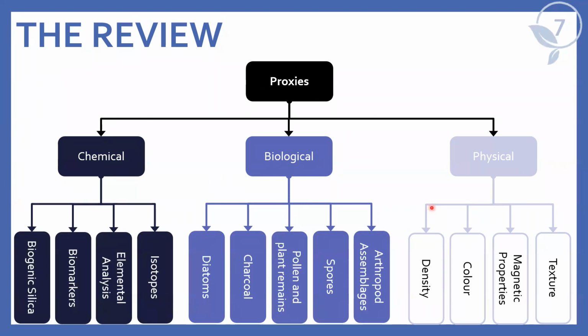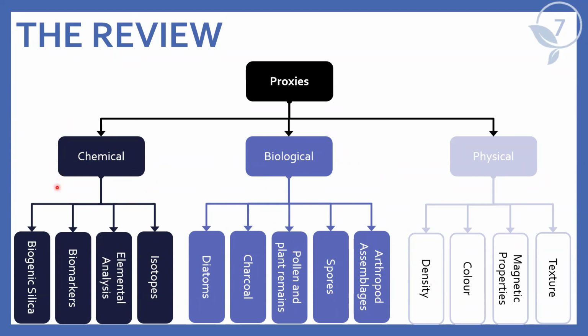So these guys here. Just to reiterate, this is a classification system suggested by USGS for categorizing proxies. But biological basically means anything that comes from animal remains, like diatoms, charcoals, the remains of plants, pollen, spores, and insect assemblages.